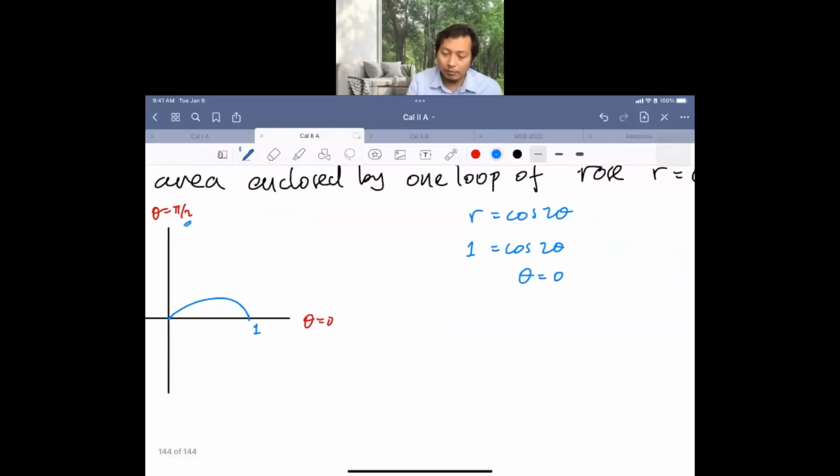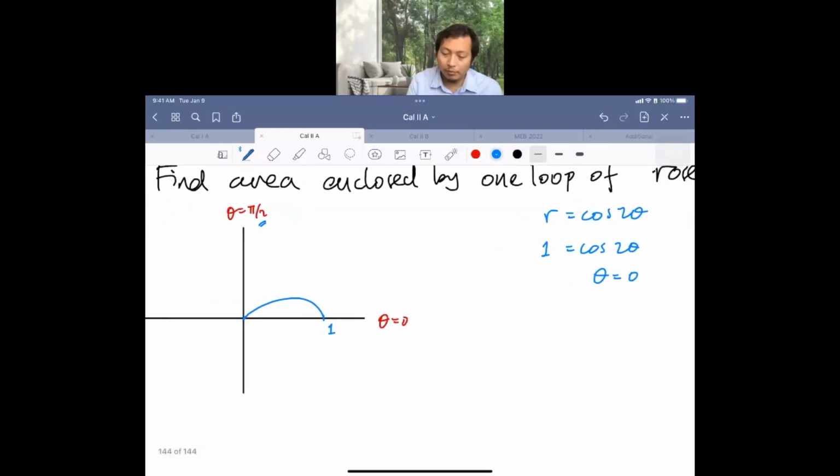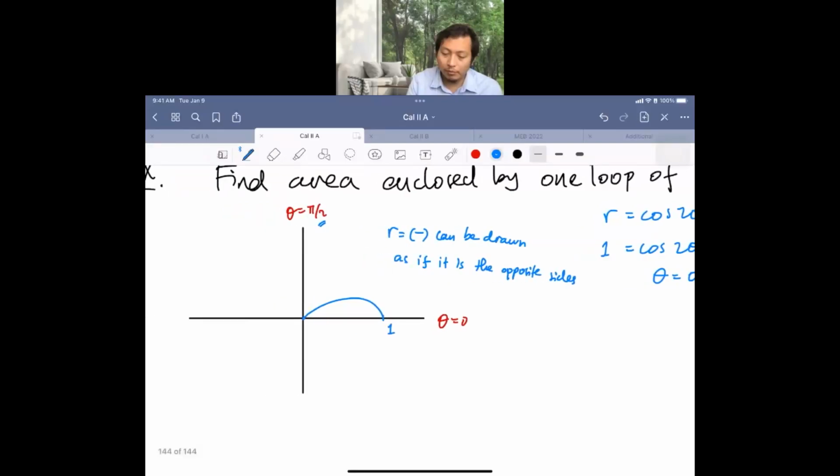And as you're doing all the radius, you need to keep in mind that sometimes cosine becomes negative, right? But how can we draw the negatives in polar? A negative r can be drawn as if it is on the opposite side. So for example, you get -1, then it should go behind.